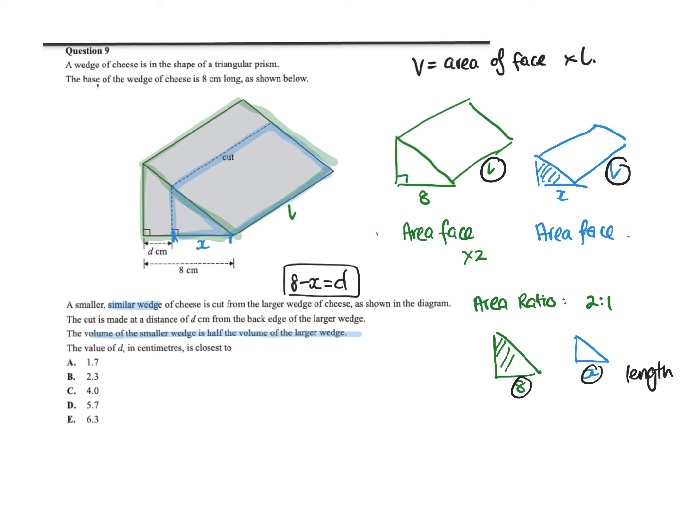So I need to go back to the length ratio. The length ratio is when you square root the area. So it's square root 2 over square root 1.